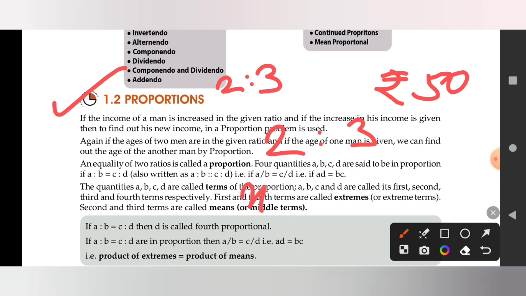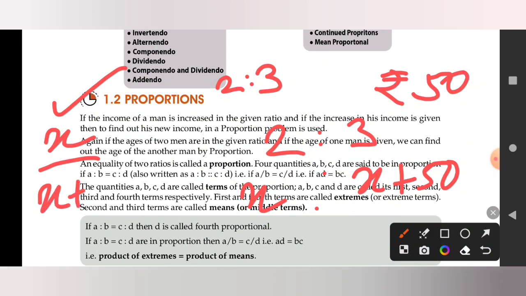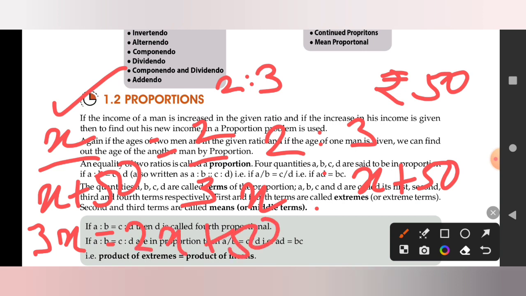So suppose x is the old income and the new income is x plus 50. These are in proportion. Proportion means two ratios are equal. So x by x plus 50 is equal to 2 by 3. Cross multiply, you get 3x is equal to 2x plus 50. x is equal to 50.